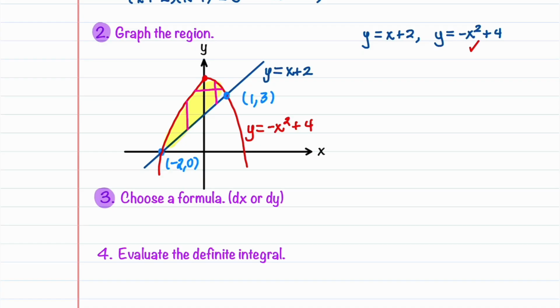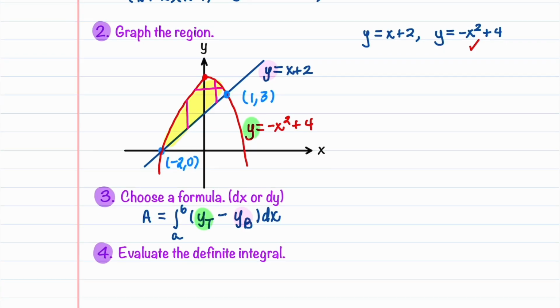So we are going to choose the formula. Our area is the integral from a to b, the curve on the top, y sub t, minus the curve on the bottom, y sub b, dx. Our curve on the top is our parabola, and our curve on the bottom is our straight line. Let's now set up and evaluate our integral.